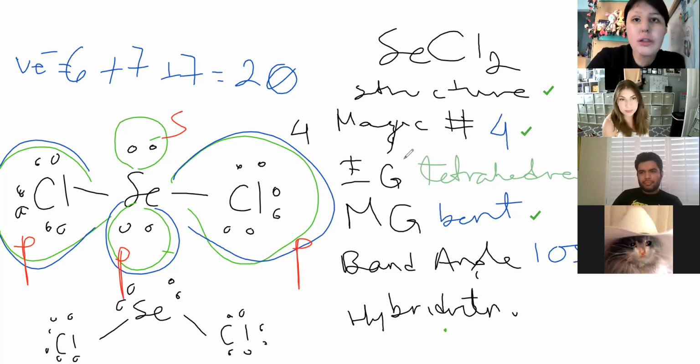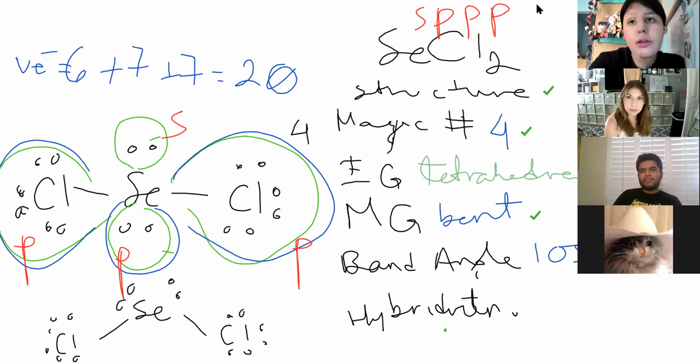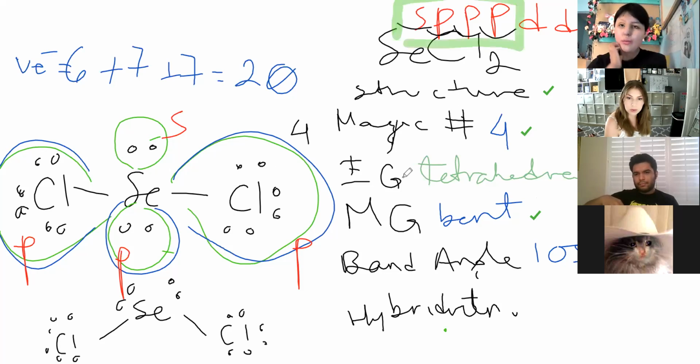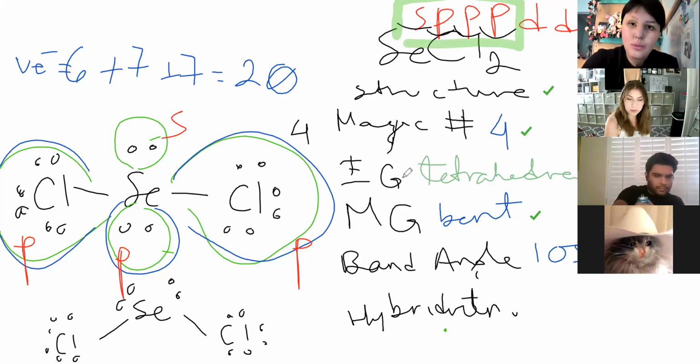The way she did it was S, P, P, P, D, D, D, D. So you count how many you have: 1, 2, 3, 4. All right, so what is our hybridization? SP3.